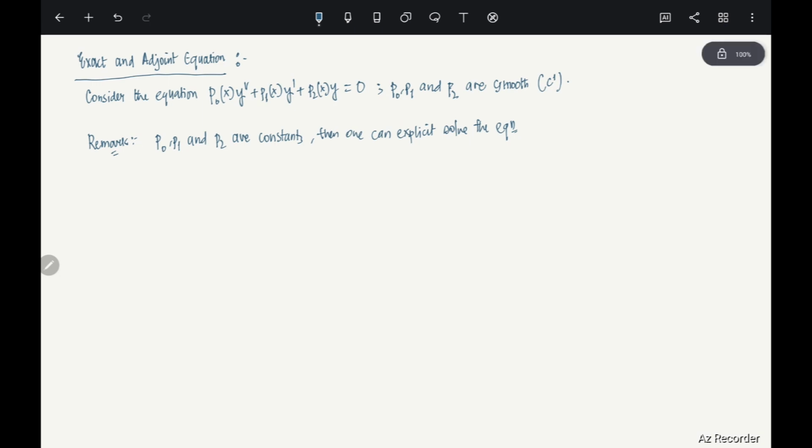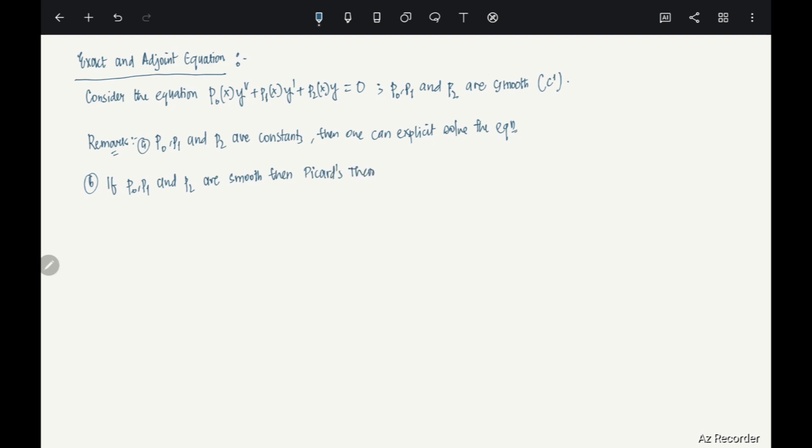But what happens if you have variable coefficients, so P0, P1, P2 are smooth C1 functions? In this case, Picard gives us Picard's theorem. How can you apply Picard here?